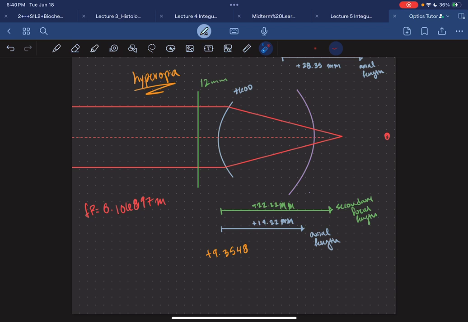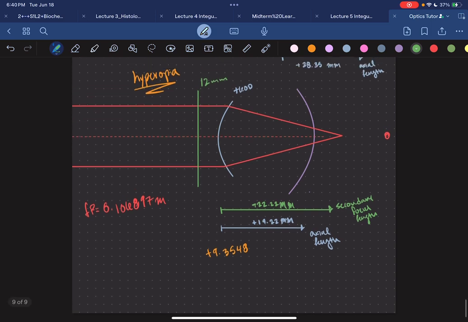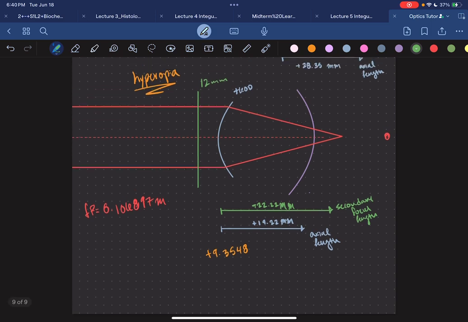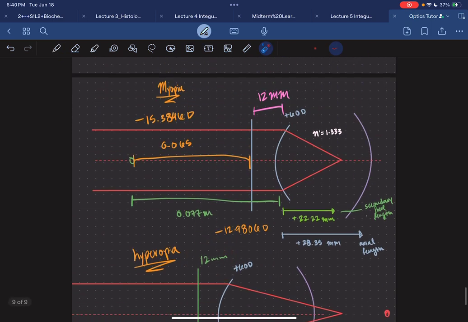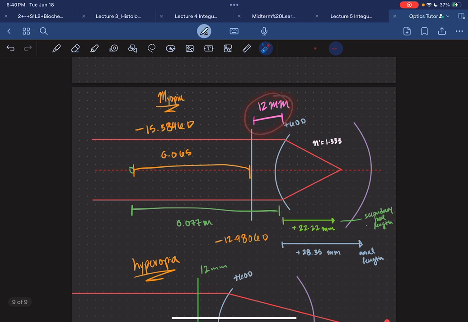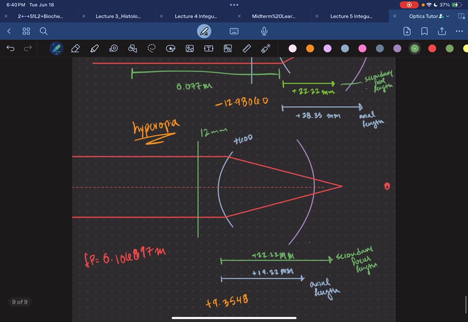Now that the far point is back here though, we'll have to do our math a little bit differently. Or do we? No, yeah. Before, we subtracted the 12 millimeters from the far point.